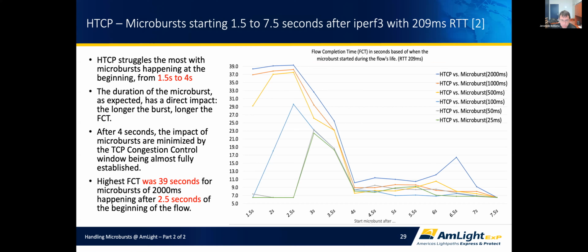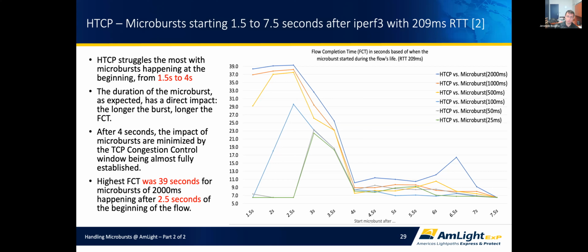I'll go through the graph again, more carefully, to make sure that everyone understands. The y-axis here is seconds for flow completion time. It goes from 5 seconds all the way to 39, okay? On the x-axis, we have when the microbursts happen for that flow: after 1.5 seconds, after 2 seconds, after 2.5, 3, 3.5, all the way to 7.5.